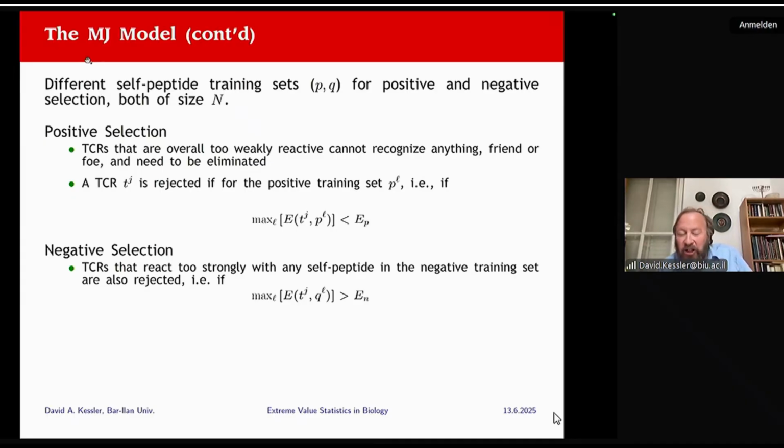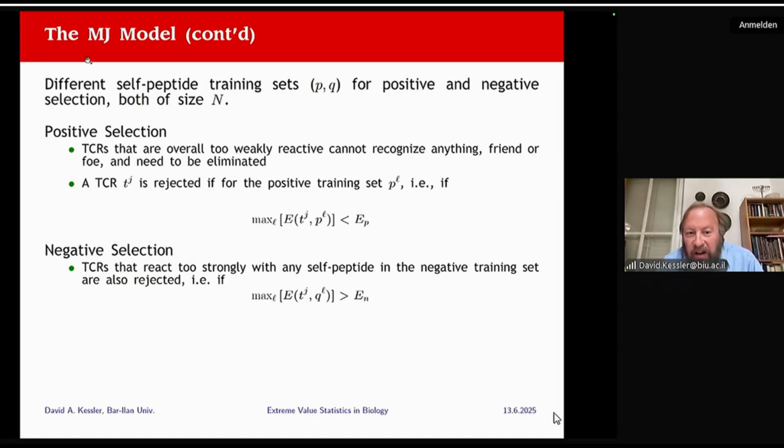Because if you had a TCR which just didn't interact with anybody, then it would survive selection, but you don't want to have to devote your energy to producing these kinds of TCRs because they're not going to recognize anybody. So that doesn't help you. You don't get any benefit from TCRs that are so weakly interacting that they just don't talk to anybody.